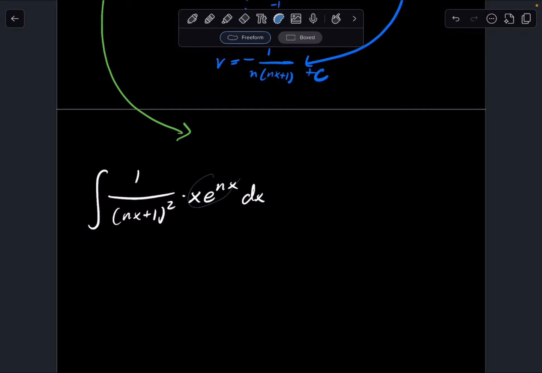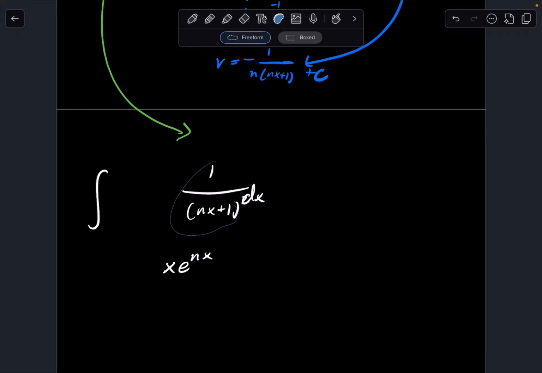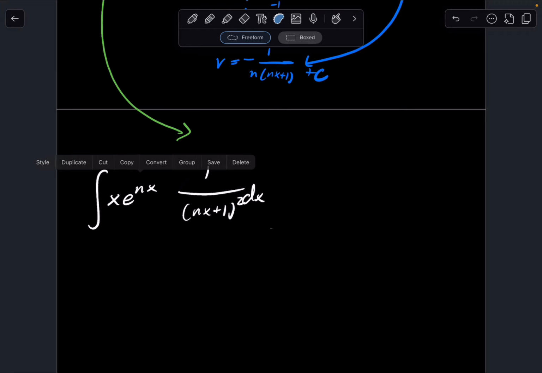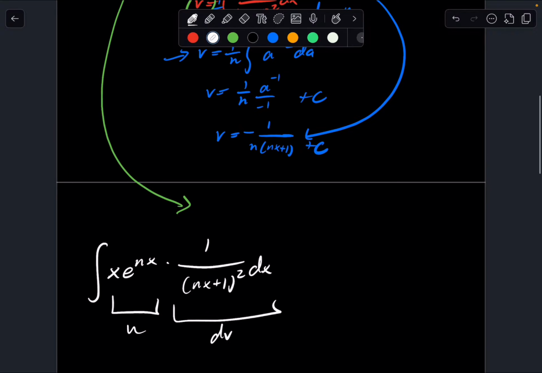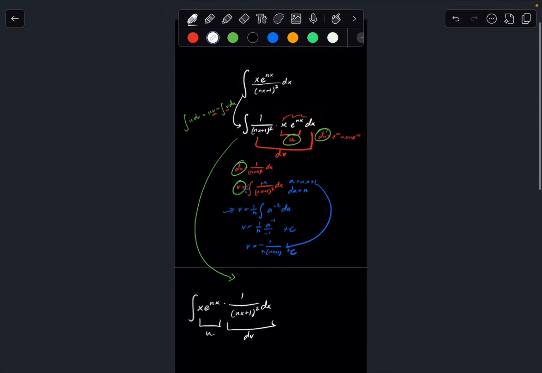And I'm going to switch this around so I can better label my integration by parts variables, like this. Okay, there we go. And I'll move this right here. So I said that this is going to be our dv, and I said this was going to be our, oh, I meant this is going to be our u, this is going to be our dv. Does that match what we say above? Yep, it looks like that's right.